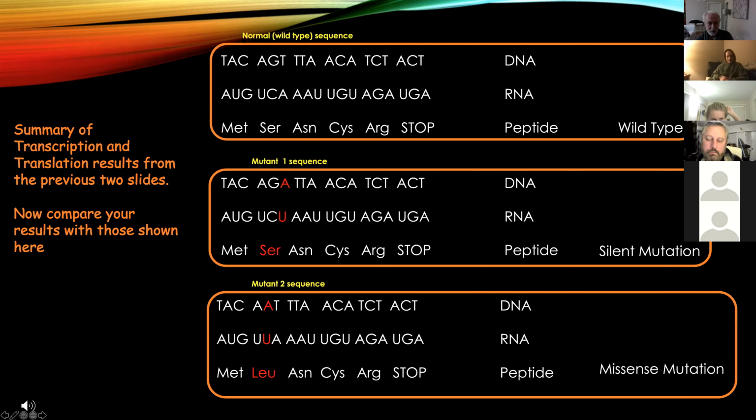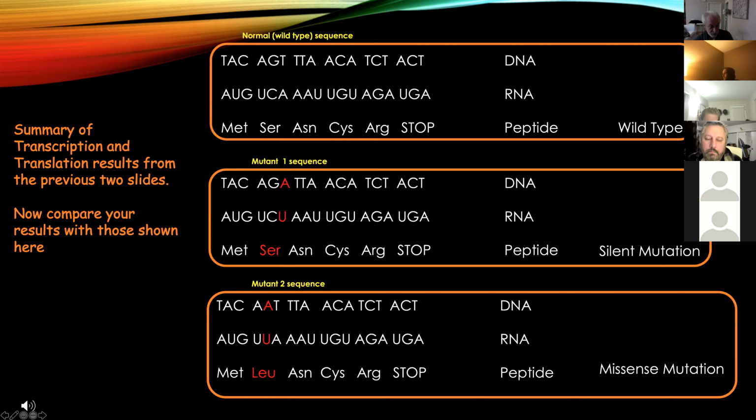We look at the normal sequence, mutant 1 sequence, and mutant 2 sequence. In the normal sequence, if you translate mRNA to protein, it's MET, SER, asparagine, cysteine, ARG, and stop. Now, if we look at mutant 1 sequence, where this A now becomes a U, instead of AGA, which is the codon for serine, we have UCU.